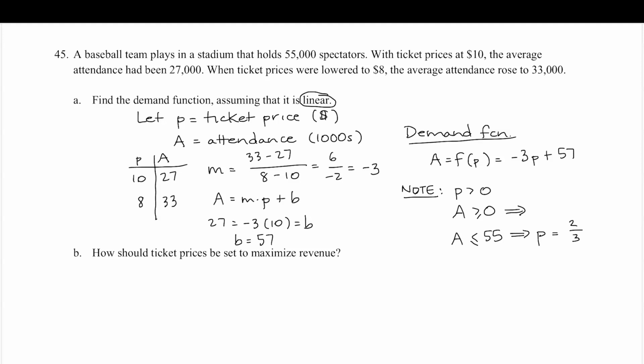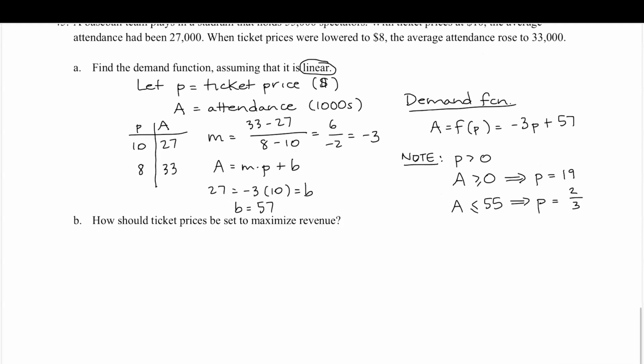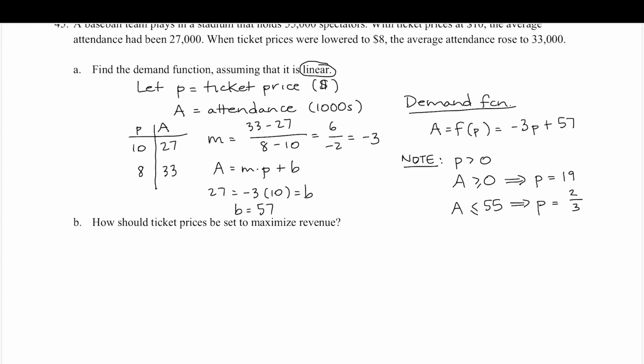And then again, following in the other direction, the more I keep raising the ticket price, the less attendance I have, and I will get 0 people to attend according to this demand function if my ticket price is $19. Okay, so we're going to see why that's important in a little bit.